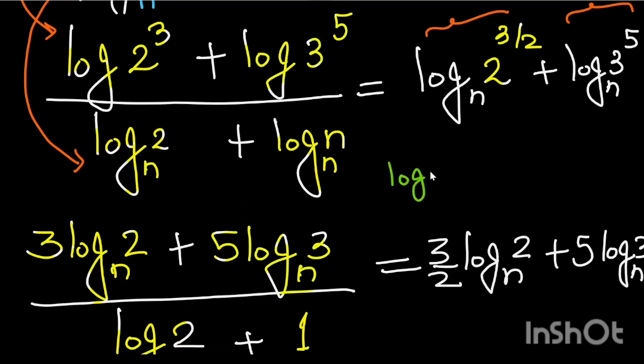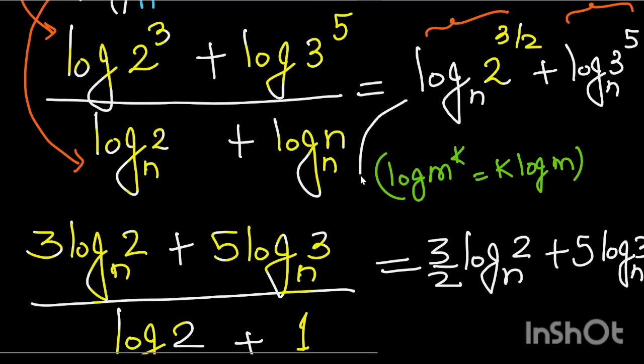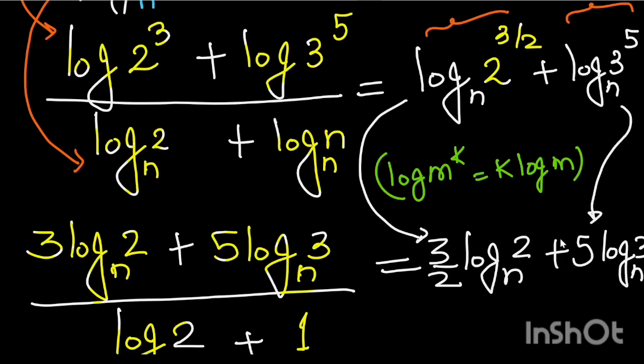Log m to the power k is equal to k log m. This property we will use guys. And the same property we will use on the right hand side. 3 by 2 will come down, here 5 will come down. Come down in the sense it will come in multiplication of logarithm.